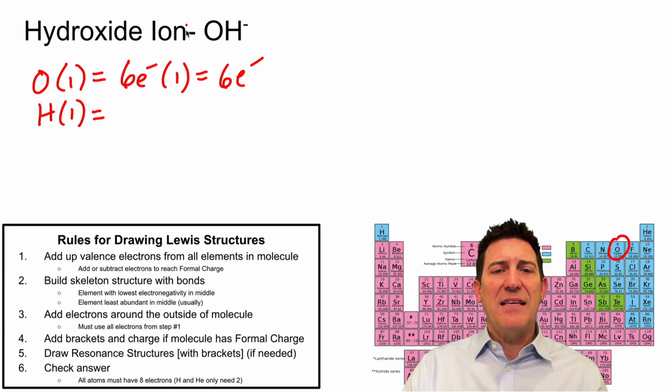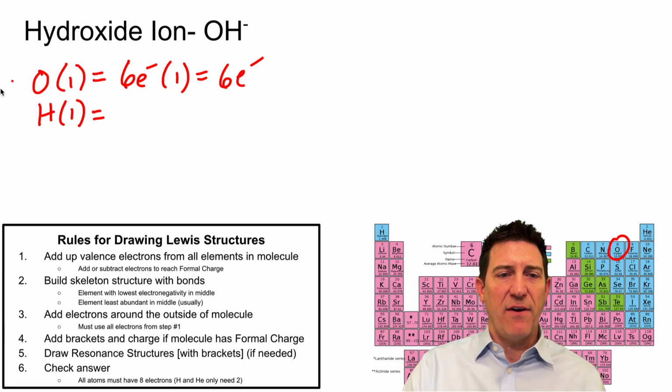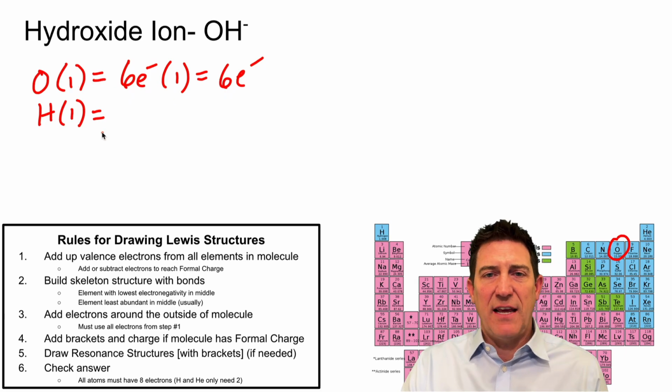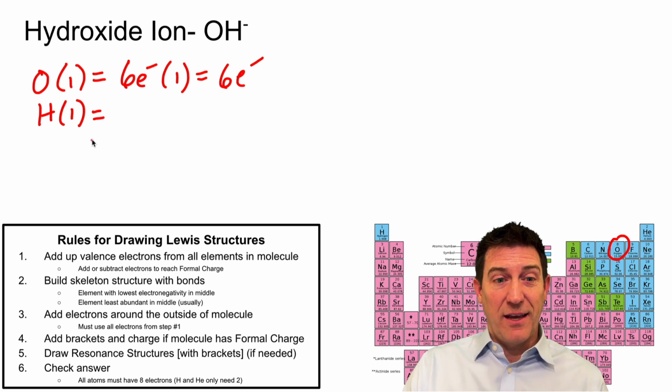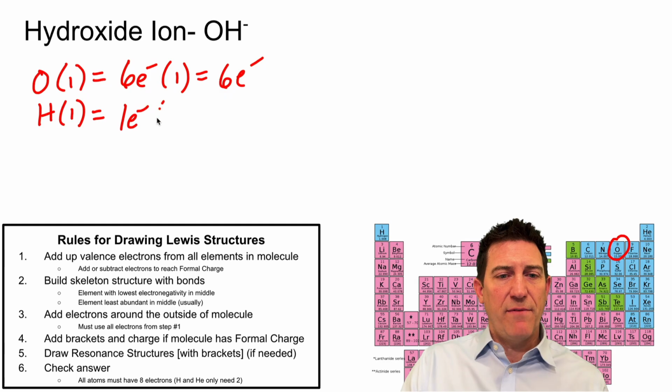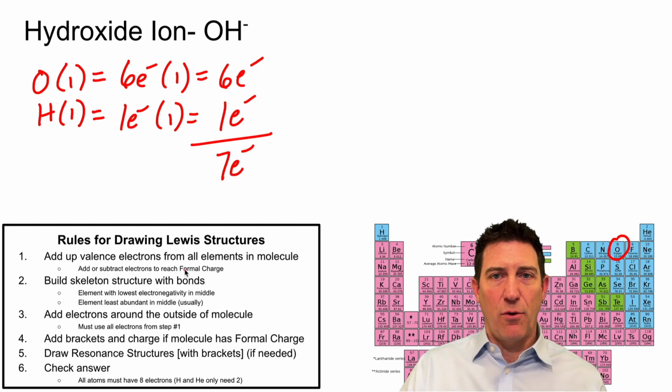But also, as these become more complex, if I'm used to doing it this way, even if it takes an extra 1 second or 2 seconds, that consistency ensures that I'm always going to get it right. And if you follow along, it ensures that you're always going to get it right. Hydrogen is over here in group 1, has 1 valence electron. One of them is going to show up to our party. We add these up. We have 7 electrons to build the whole thing.